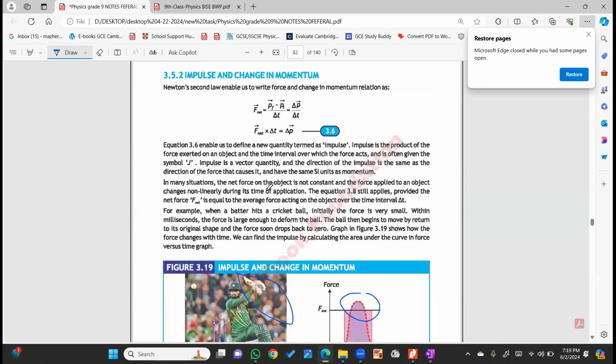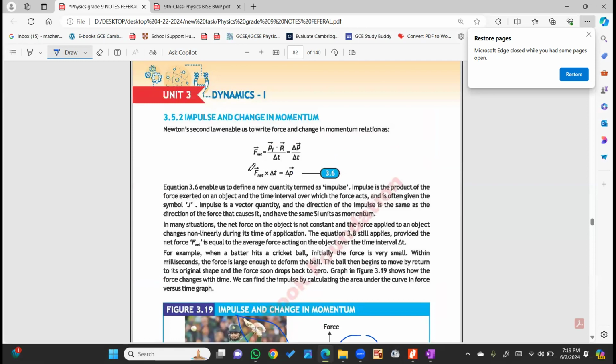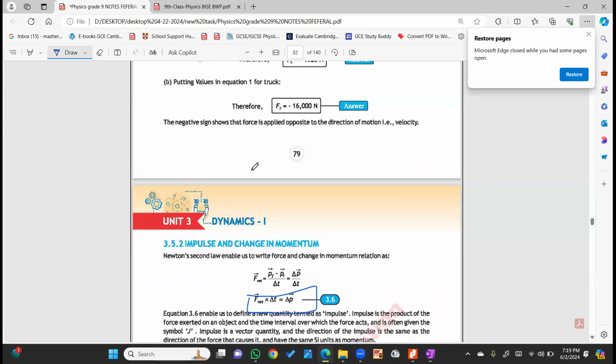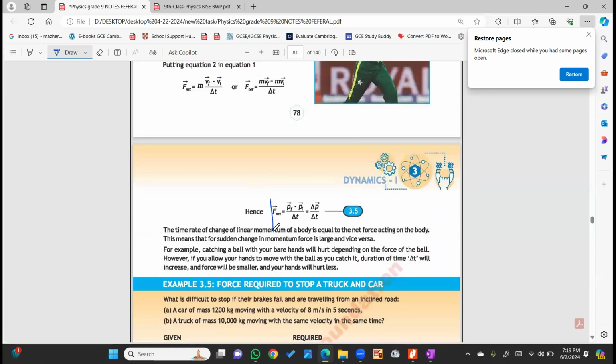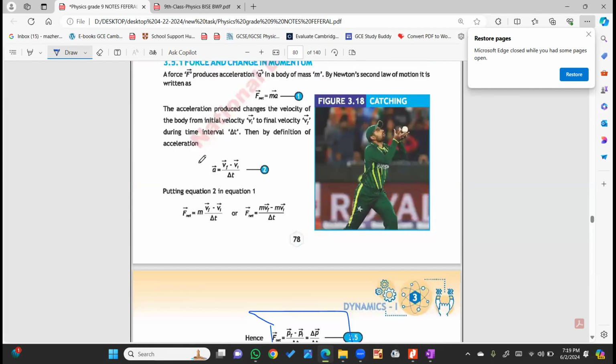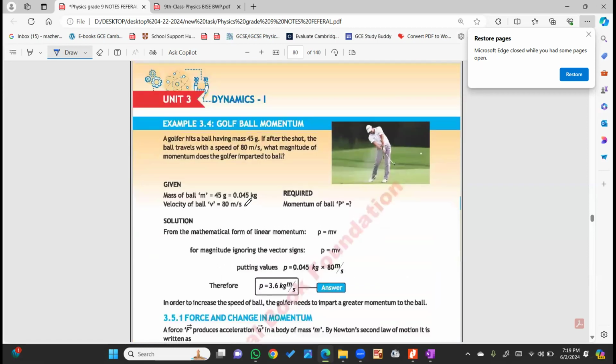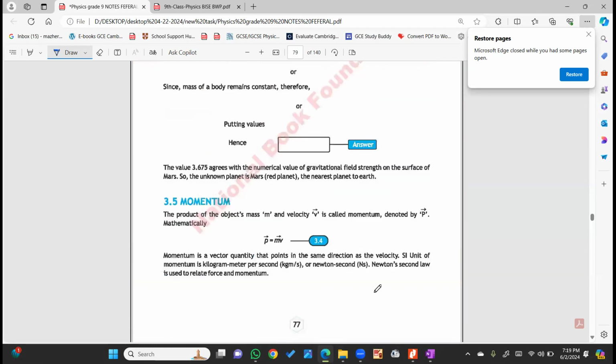You could go and read it yourself. This is the formula: impulse is equal to change of momentum. And the rest of the formulas, this is the net force or the average force that I've explained to you just right now. This is the one we took help from to reach this equation.